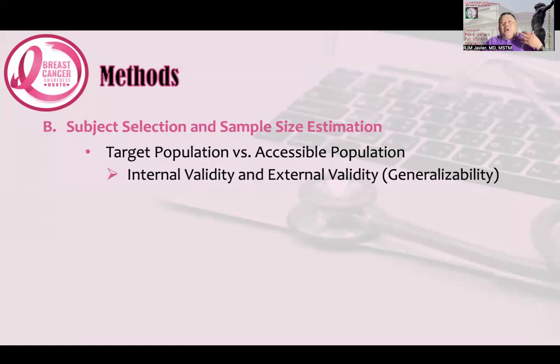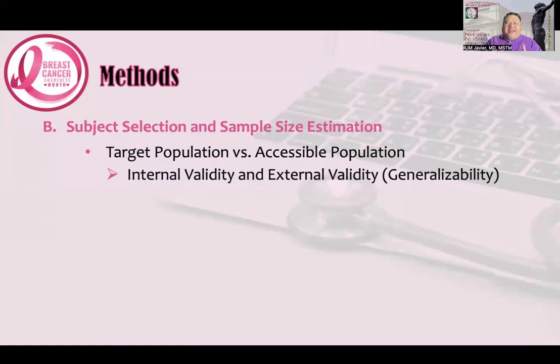Let's say, for example, when you want to study behavior of Filipino medical students, I can guarantee you cannot recruit all medical students from the 70 plus medical schools that we have in the Philippines. But rather, when you have an accessible population, perhaps you have friends who are studying in other medical schools within the national capital region. So you limit your data collection to that accessible population.